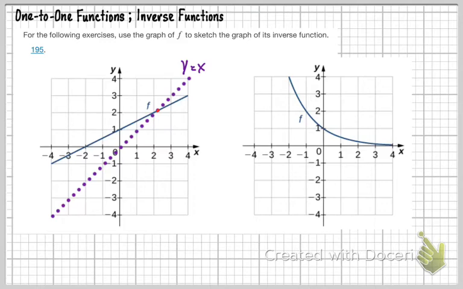Now what's going to happen is everything else is going to look like a reflection across the y = x line if I do this swap. Let's take a look at this point down here, the point (-2, 0). That means that point is now going to be over here at (0, -2) if those swap. And this point here is also going to be here when they swap, when I'm talking about the inverse.